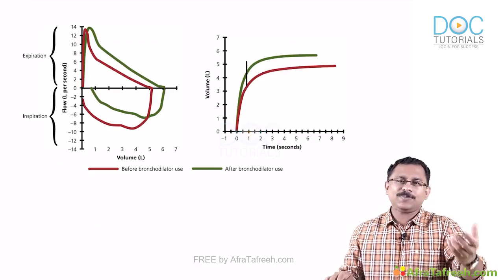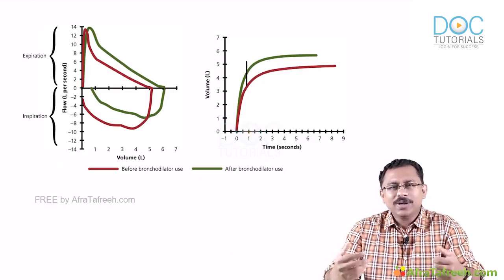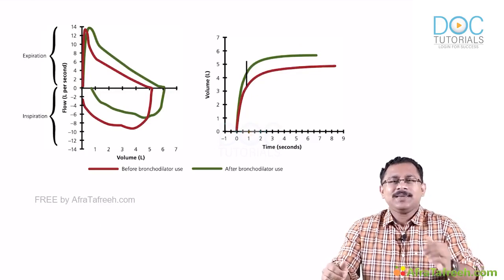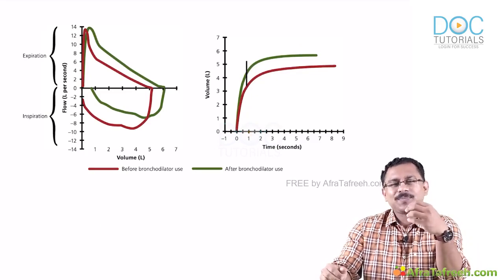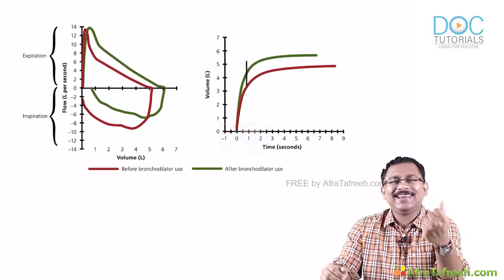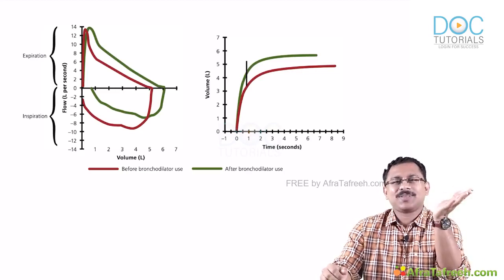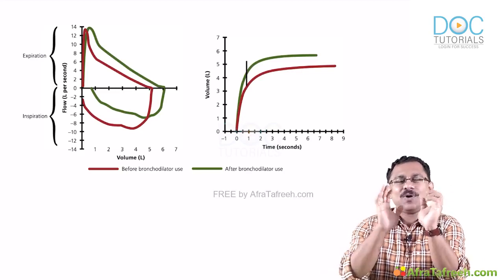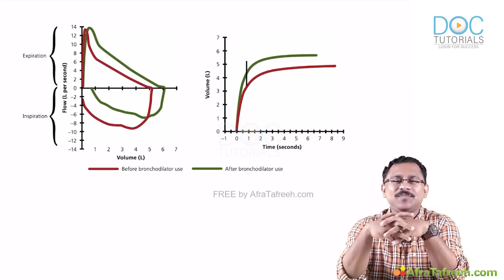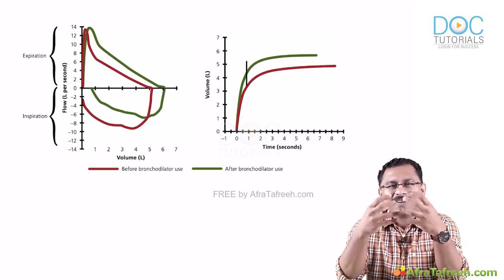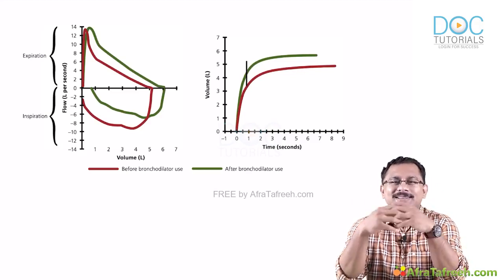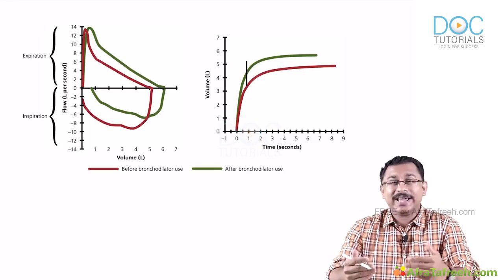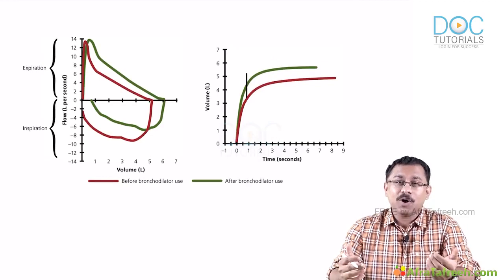Now another important point is that when you have an obstructive lung disease, always make a point, even in your spirometry lab as well, to give a bronchodilator inhalation to the patient, because in case of bronchial asthma, you have bronchodilator reversibility, which we have already discussed in the bronchial asthma module. Which means, when you give a bronchodilator, there is going to be an improvement of the pulmonary function test, your FVC, in case of bronchial asthma.